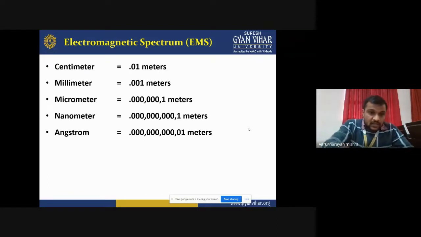You can convert centimeter into meter, millimeter into meter, and so on. You can use any of the units to measure the spectrum of the electromagnetic radiation. Generally, in remote sensing, we use micrometer (μm) and nanometer for getting the range of the wavelength interval.